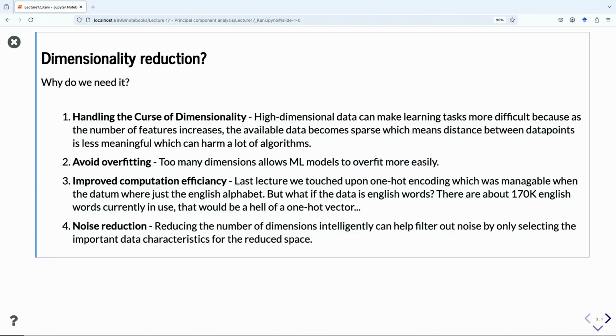And noise reduction is a big one. If you reduce the number of dimensions, you're forcing the computer to keep just the salient features of a particular piece of data. If it's looking at, for instance, a digit 1, you're forcing the computer to say, okay, I want to make sure I preserve that line. That's the first thing, ideally, that I want to preserve.